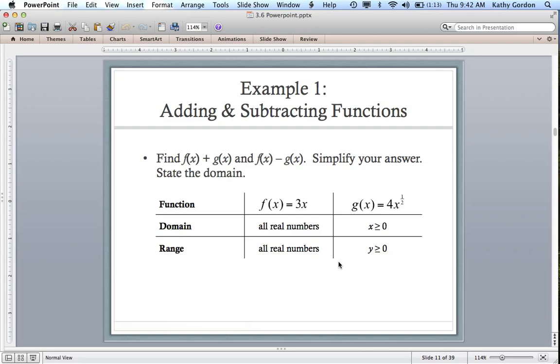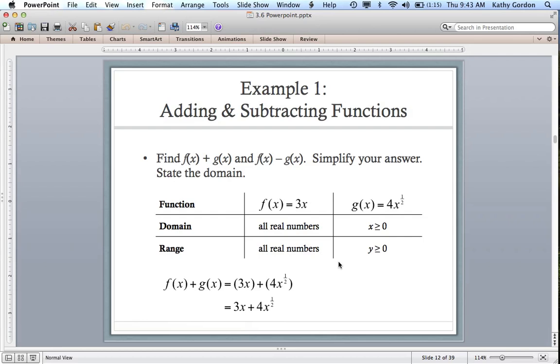That simply comes from what we were talking about in the parent functions. When I go to algebraically put these two together, taking the 3x plus the 4x to the 1/2 is just going to give me 3x plus 4x to the 1/2. There's nothing about those two terms that are in common, so I can't combine them. They're not like terms. I'm just going to leave it as the one plus the other.